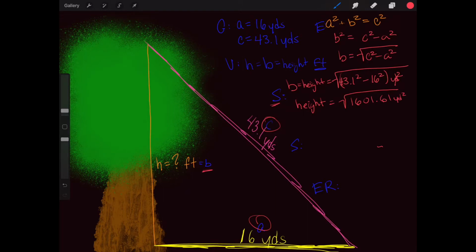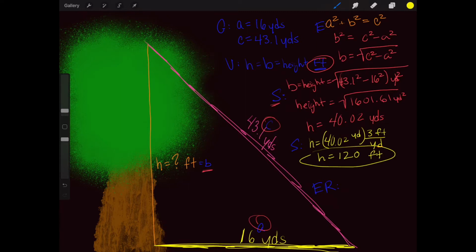We take that square root and we solve it, and we get h is going to equal 40.02 yards. Now we're still looking for it in feet, remember? And we know that there are 3 feet in every yard, so h is going to equal 40.02 yards times 3 feet per yard. Therefore, our height is going to equal 120 feet.